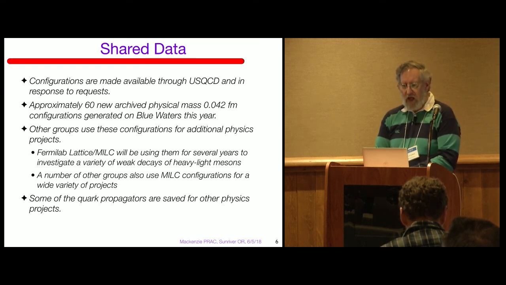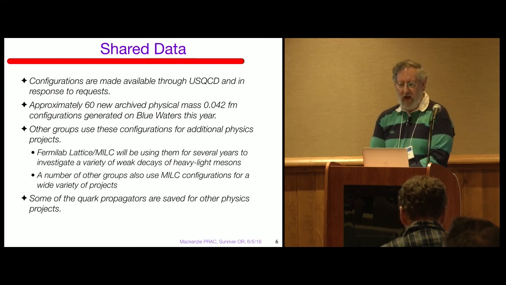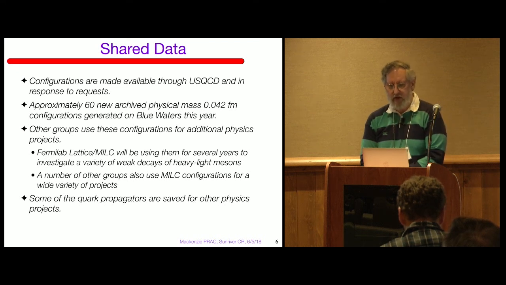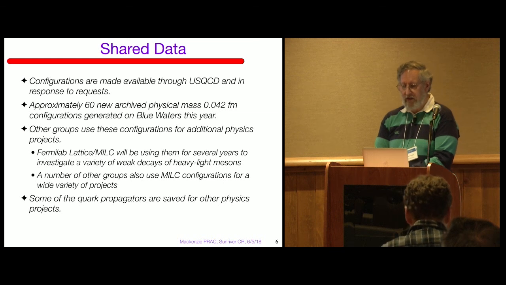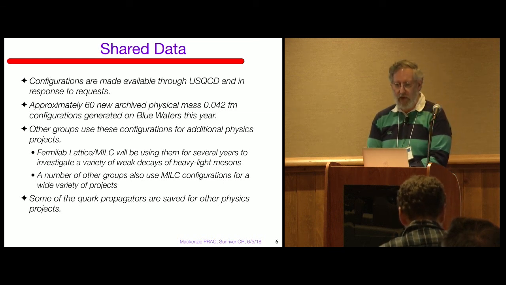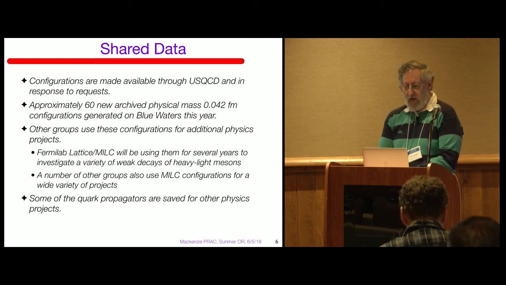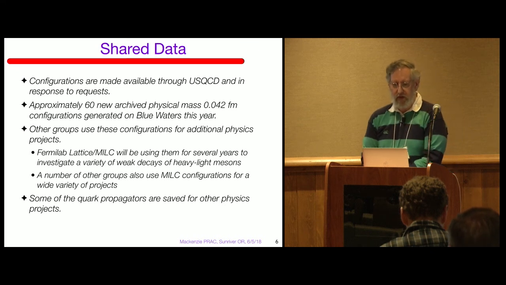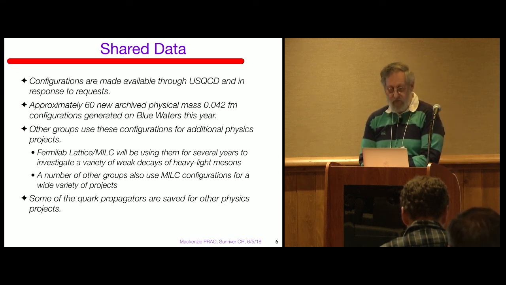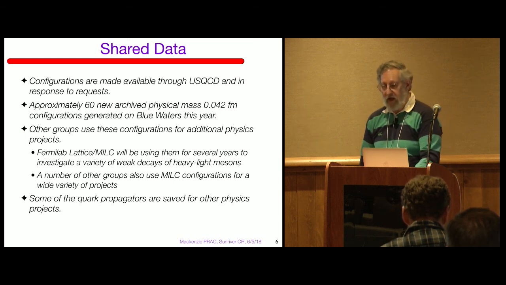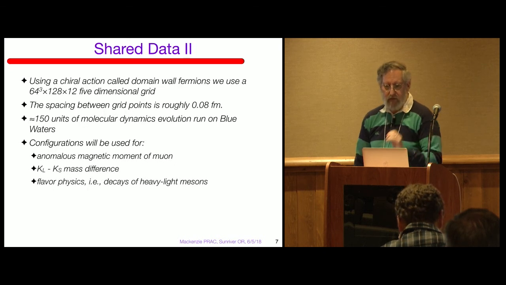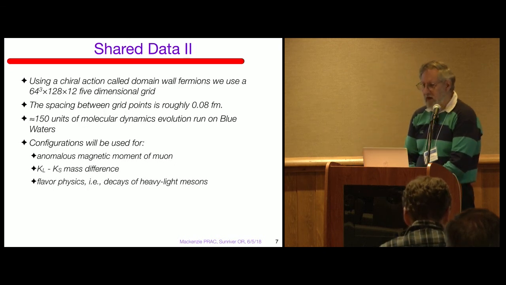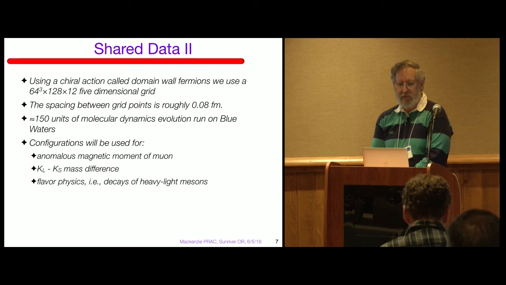And the Fermilab Lattice and MILC collaborations use these and will be using these for a number of years to study weak decays of heavy light mesons. And I'll talk a little bit about that later. Other groups also use the MILC configurations for a variety of projects that I have no time to go into. And occasionally we save the quark propagators themselves, but I won't focus on that. We don't tend to share that as much.